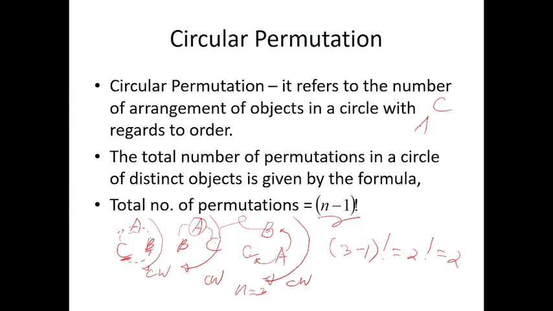C, CAB. Pareho pa rin yan. ACB pa rin yan. No? ACB in a clockwise direction. No? Okay? I hope you get it, no? So, ganyan yan sa circular permutation. So, we can proceed.